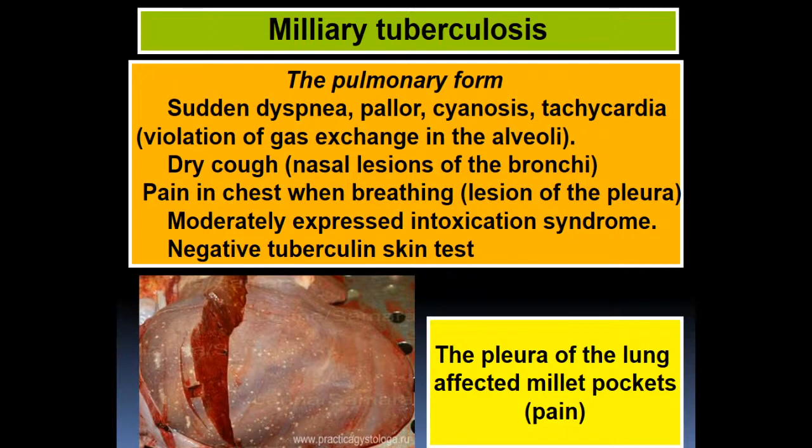Therefore, antibodies are not formed and the Mantoux test is negative. And a negative tuberculin skin test in this form of TB is a very bad prognosis for patients because specific immunity, specific antibodies against mycobacteria of tuberculosis, is not formed.